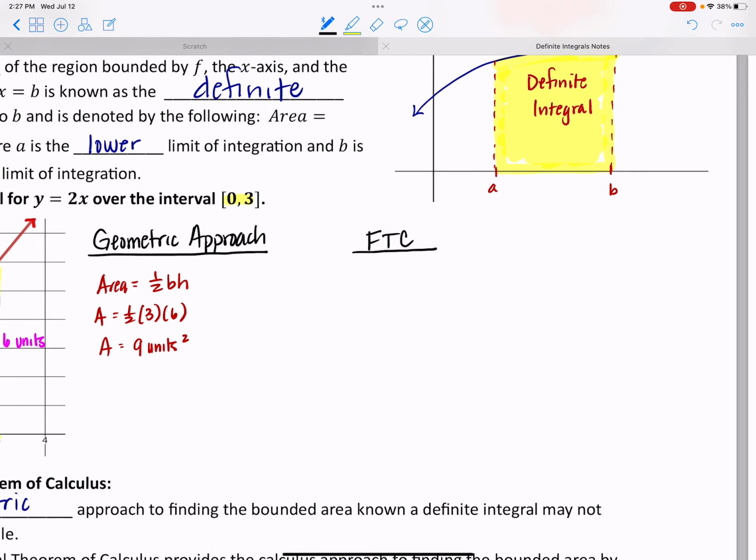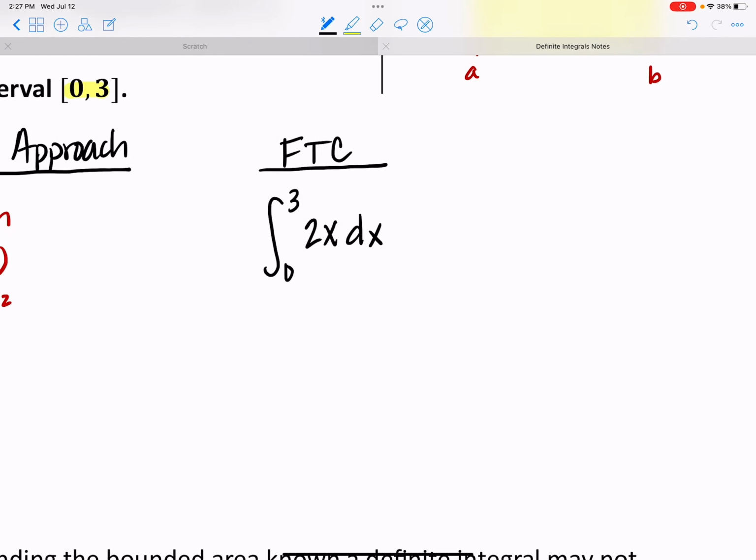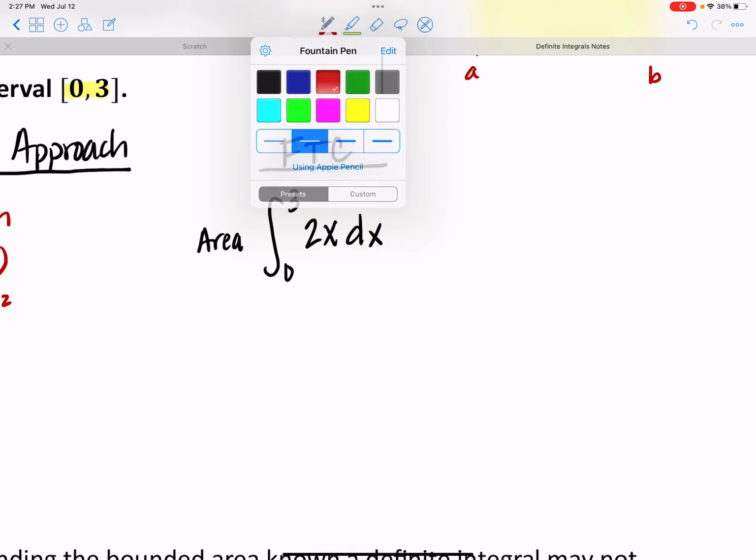Okay? So this approach says we're going to find the definite integral, in this case from 0 to 3, of our function, which was 2x dx. Okay, so this is going to get us the same area that we were looking for. So what we're going to do is we're going to integrate this.